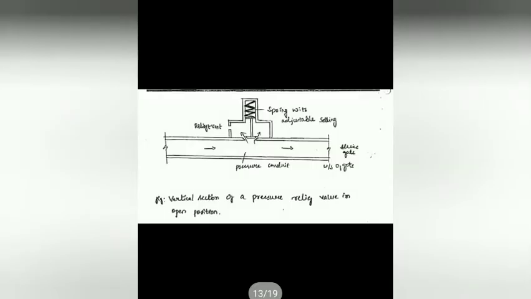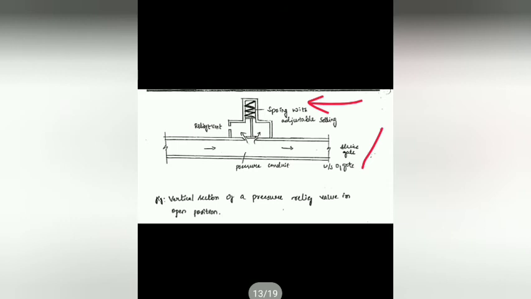Here in this figure, we can see the pressure relief valve in an open position. Here we can see there is a relief vent, and this is a spring with adjustable setting. Next, this is a complete pressure conduit with water flow direction, and after this we have denoted this Lewis gate after the pressure relief valve.